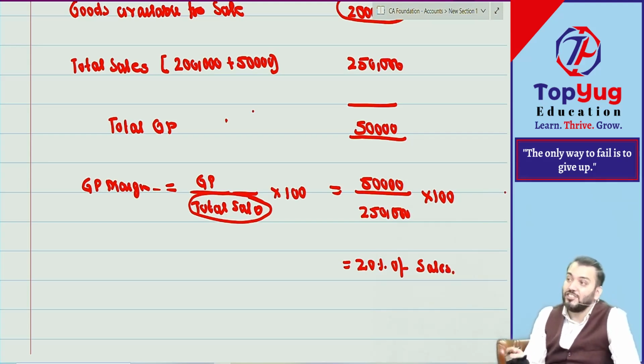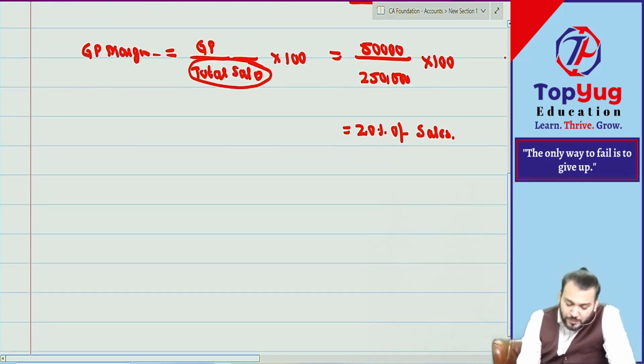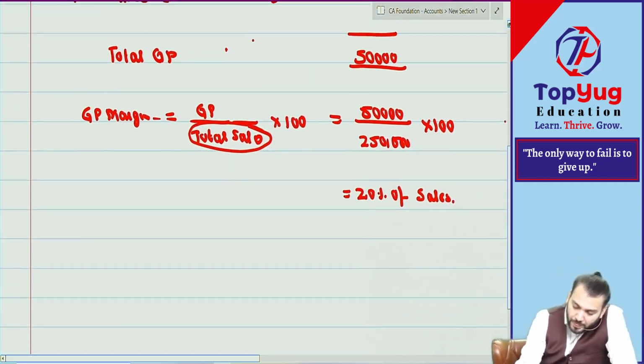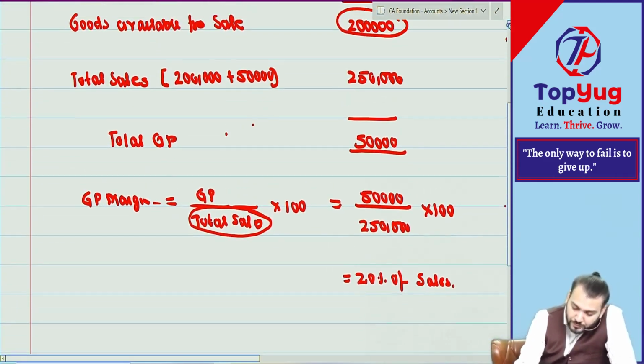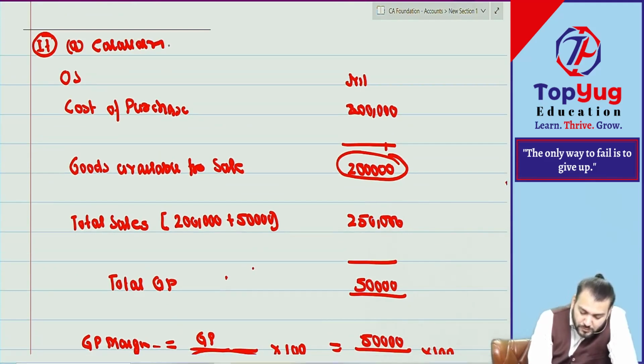So GP margin was not given, and we now understood how to calculate GP margin. Once you have calculated GP margin, now you can find out the cost price of closing stock. So what is the sale price of closing stock given? First write on this: illustration number 8, point number 1, calculation of GP margin.